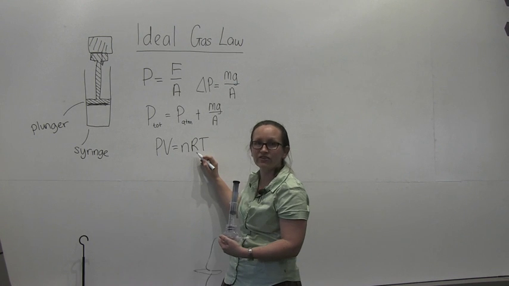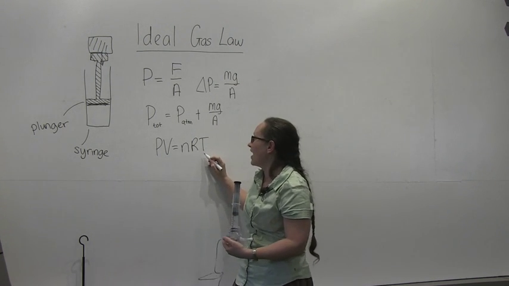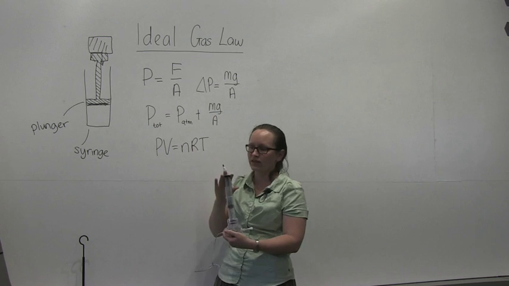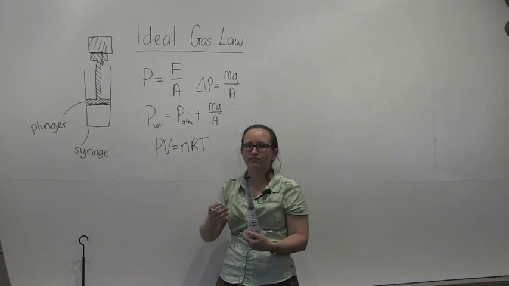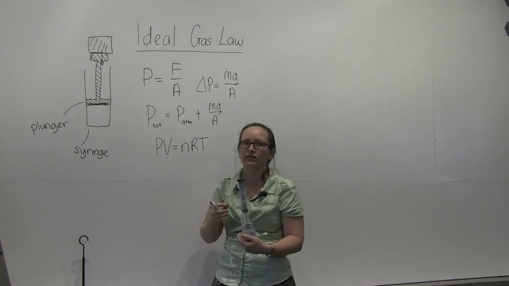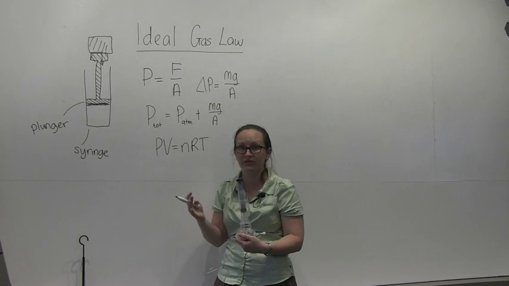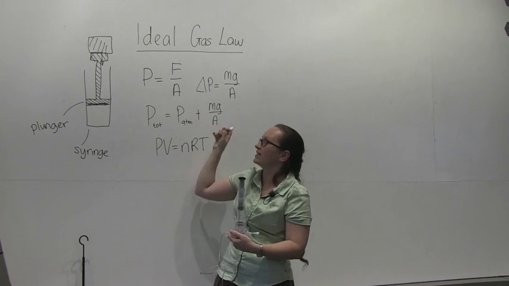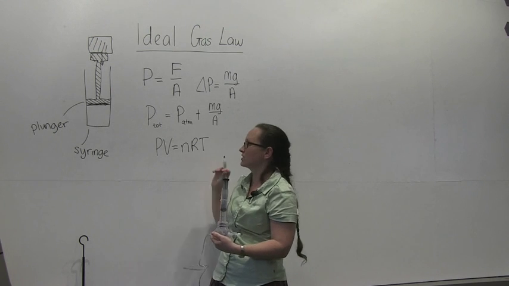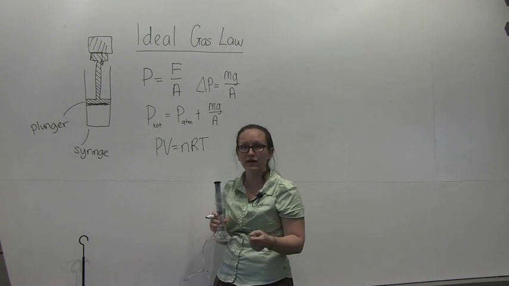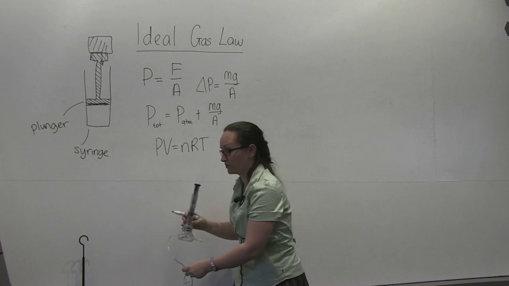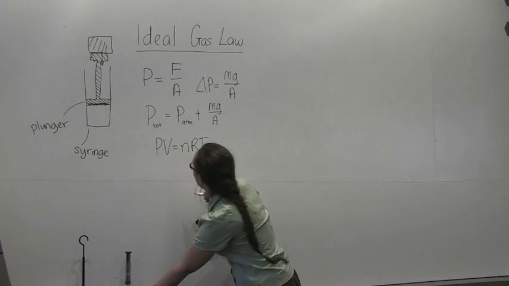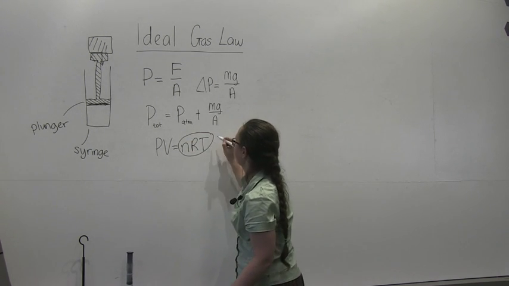R, the gas constant, is just a constant. And with the temperature, for this part, you're going to wait for the syringe to come to thermal equilibrium with the surroundings after you add each of the masses. So the temperature is going to be constant as well. It's just going to be the room temperature. So every term here is constant.